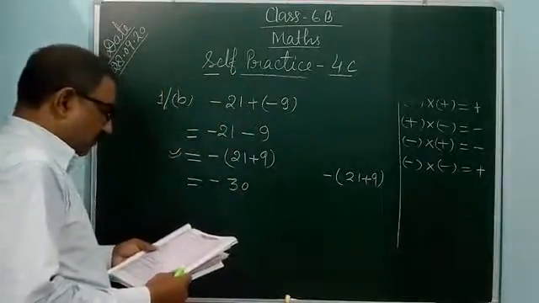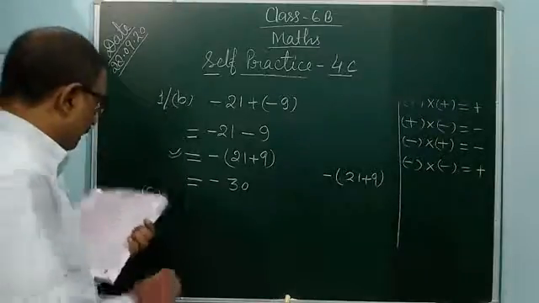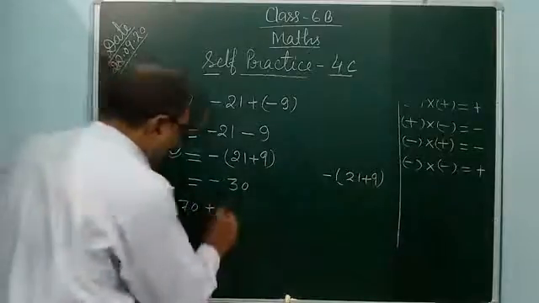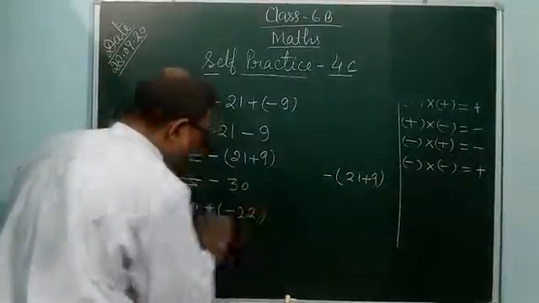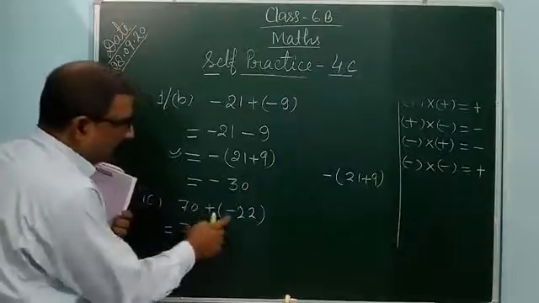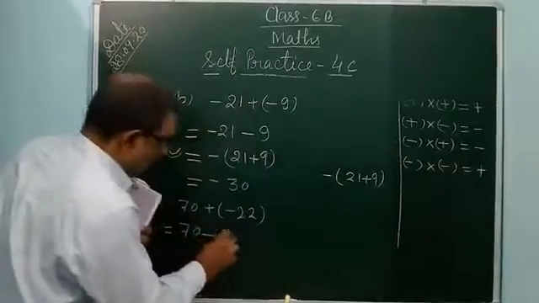Question number C. 70 plus minus 22. You can see 70 plus minus results in minus, so here you can write minus 22.